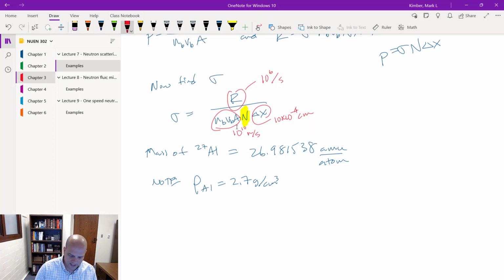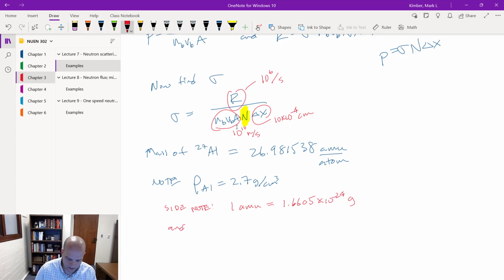And then as just a side note here, let's make sure that everyone's clear on this. 1 AMU, if you remember back from an earlier lecture, this is going to be 1.6605 times 10 to the negative 24th grams. Right? An AMU is a unit of mass, a gram is a unit of mass.